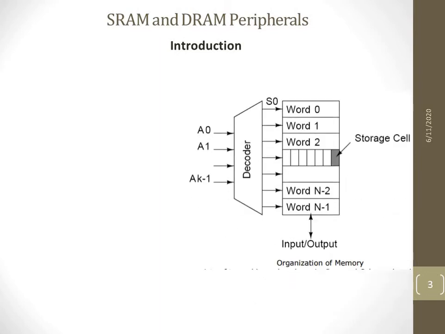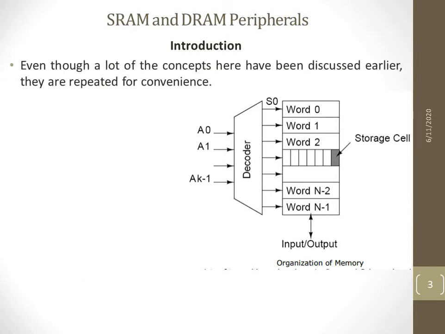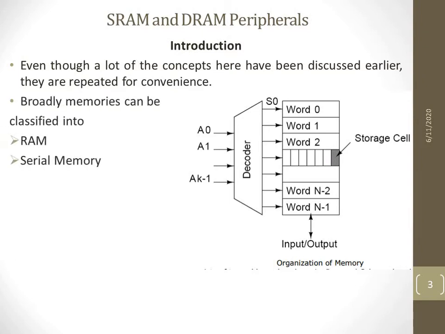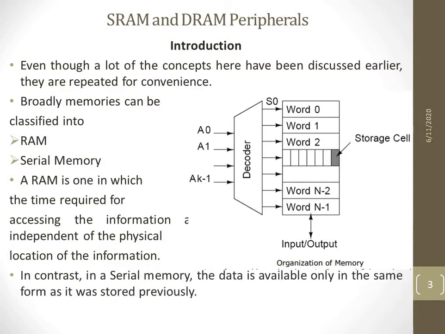As we have seen the organization of memory, even though a lot of concepts we have discussed earlier, they are repeated for convenience. Broadly, memories can be classified into RAM and serial memory. A RAM is one in which the time required for accessing the information is independent of the physical location of the information.